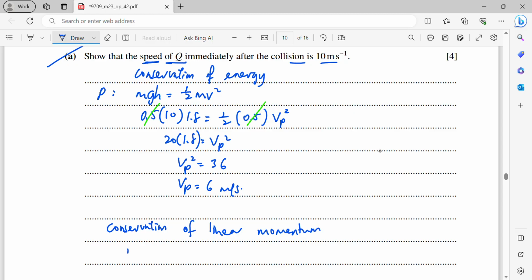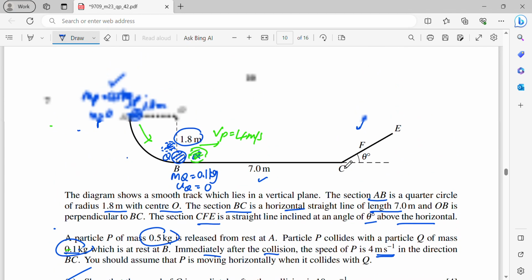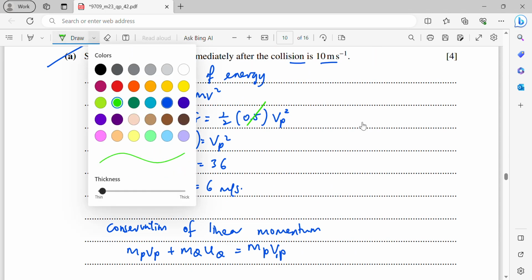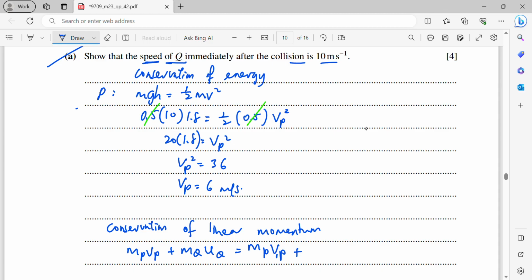So I will write m_P u_P plus m_Q u_Q, because at first Q is at rest, equals m_P v_1P plus m_Q v_Q. Here I have to write v_1P, it cannot be v_P anymore. So I need to show v_Q is 10.